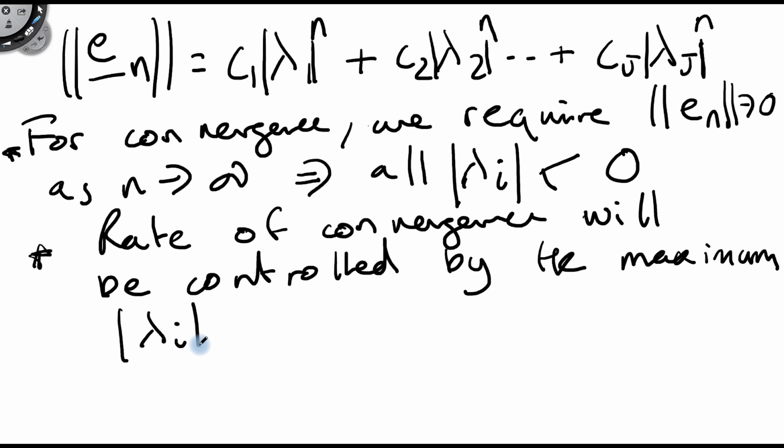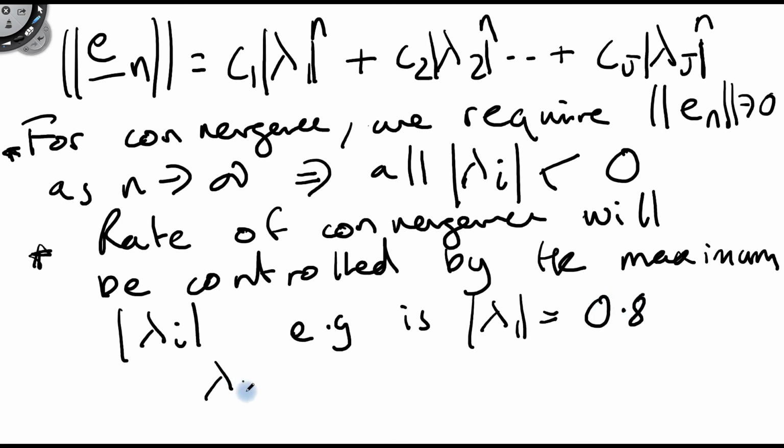Just imagine, for argument purposes, lambda 1 was 0.8 say, and lambda 2 was 0.4. Then as you take powers of this, the larger eigenvalue is going to dominate. By a similar argument for the whole sequence, as n gets very large, the largest value is going to dominate. Your other bits are going to be small.